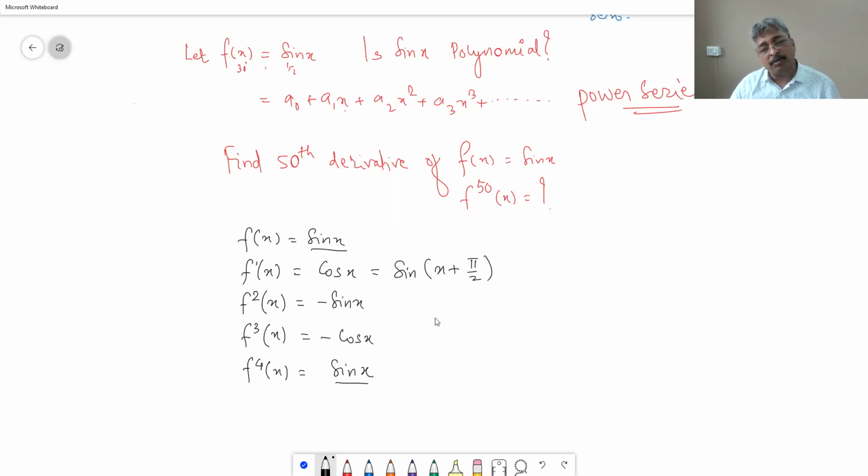How much is sin of x plus pi by 2? Cos x. How much is sin of x plus 2 pi by 2? Minus sin x. How much is sin of x plus 3 pi by 2?